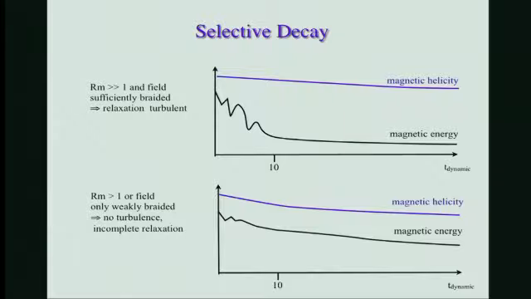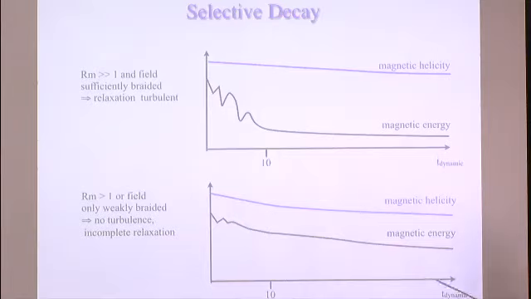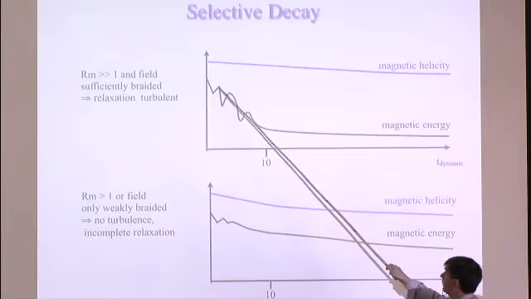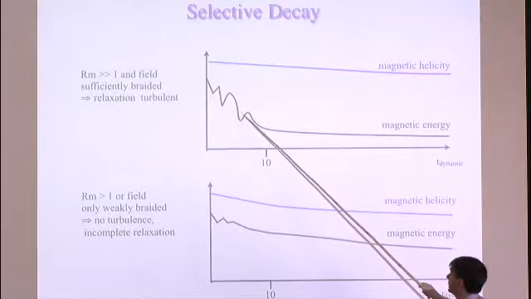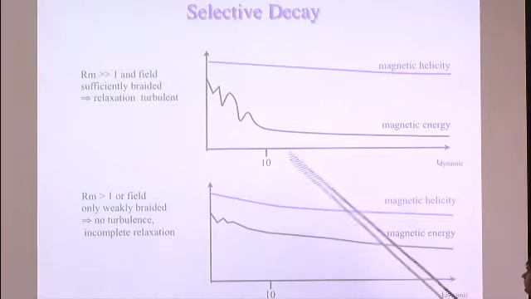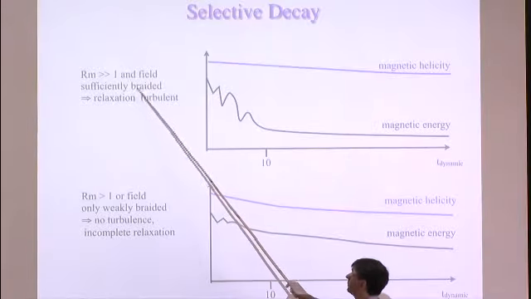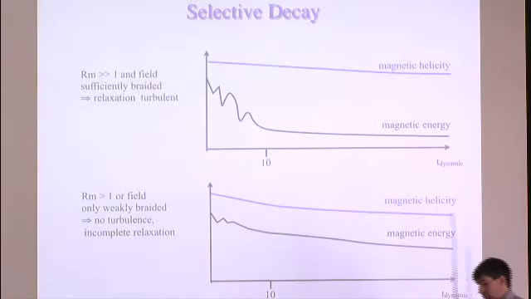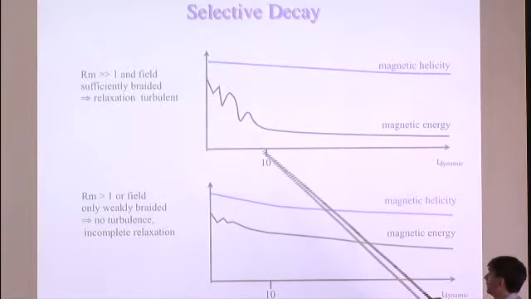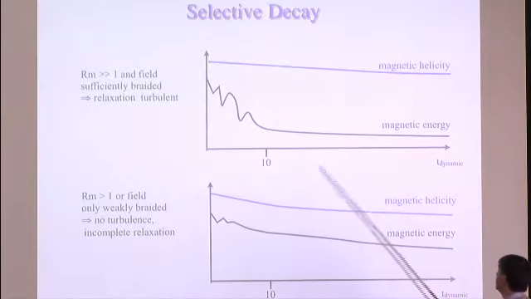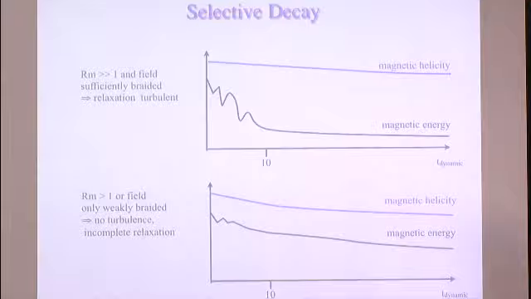You can develop turbulence and so on and so forth. And what you see is that the magnetic energy decreases rather quickly, provided you have a sufficiently high magnetic Reynolds number and also a sufficiently braided magnetic field. And you typically use only a few dynamic time units to do this.